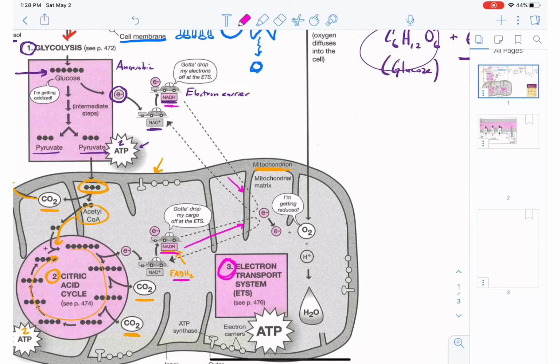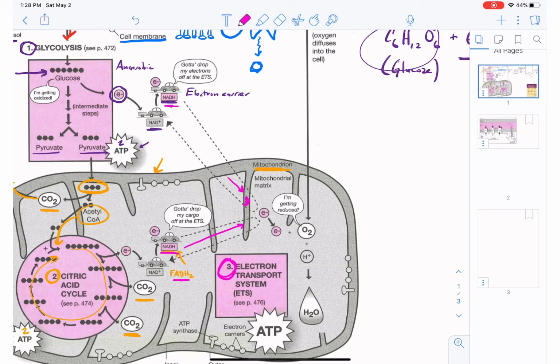Now, the mitochondria is an organelle, and all organelles are surrounded by a plasma membrane. And in fact, there's going to be an outer mitochondrial membrane, an inner mitochondrial membrane, and then a space in between them called the intermembrane space. And this is where the electron transport system is going to occur, but this will be more clear on the next figure that I show.